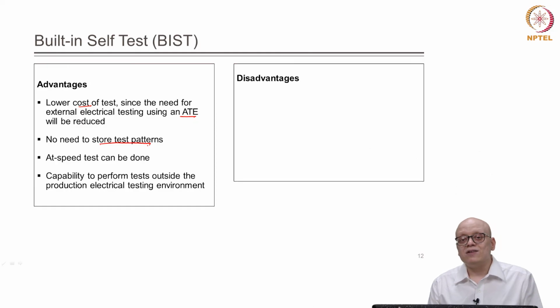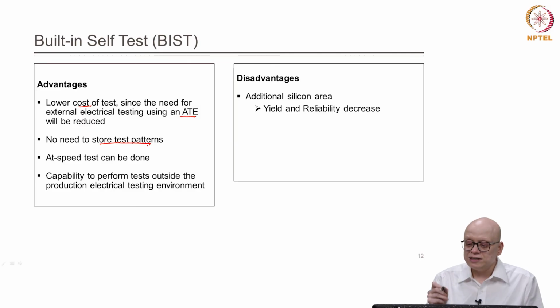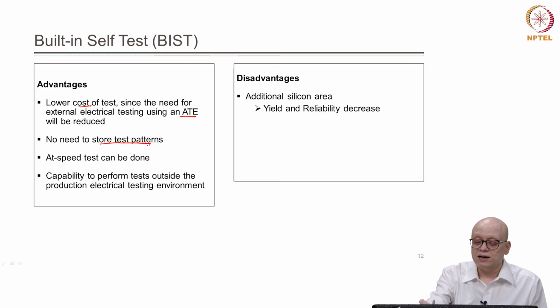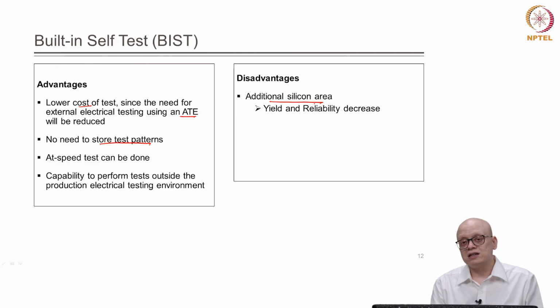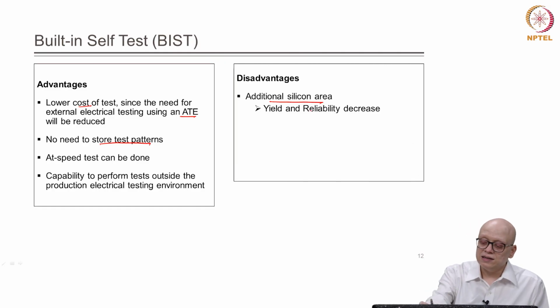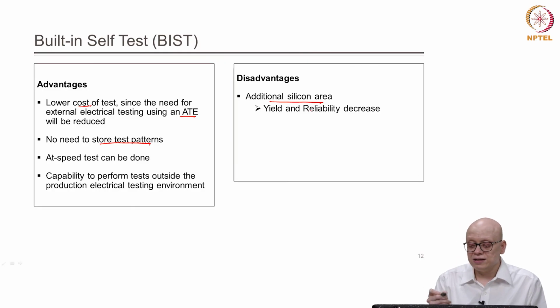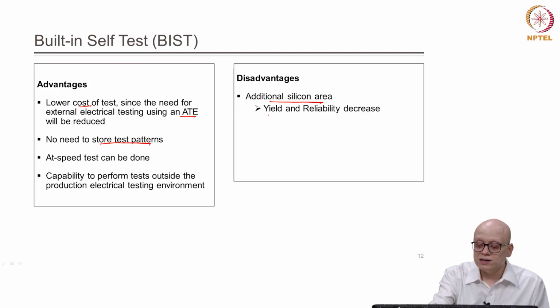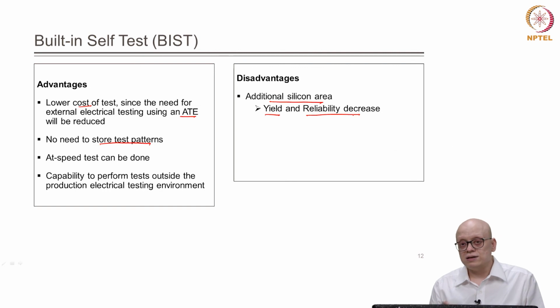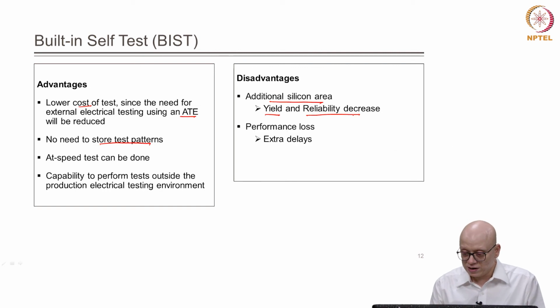Now, what are the disadvantages of BIST based testing? So, the first disadvantage is that it requires additional silicon area for LFSRs, for the test response analyzer, and a BIST controller, and so on. And the area of our circuit will increase, and as we have seen earlier, the yield can come down and also reliability can decrease in a circuit in which BIST is implemented.